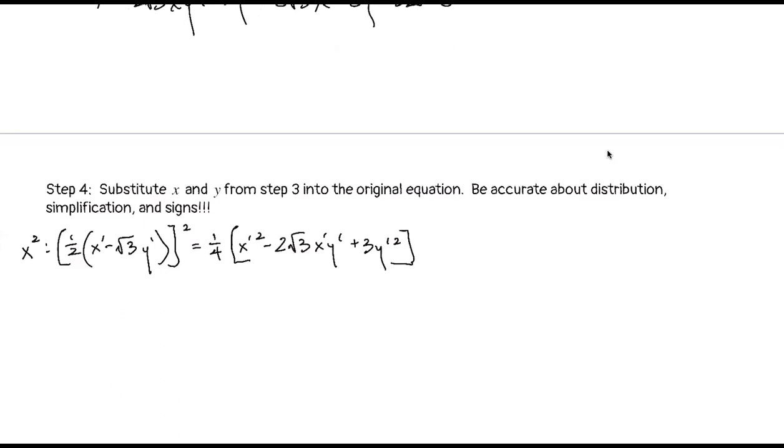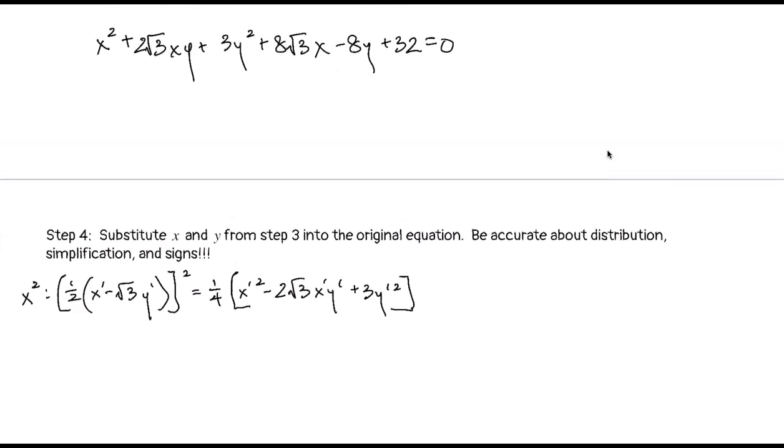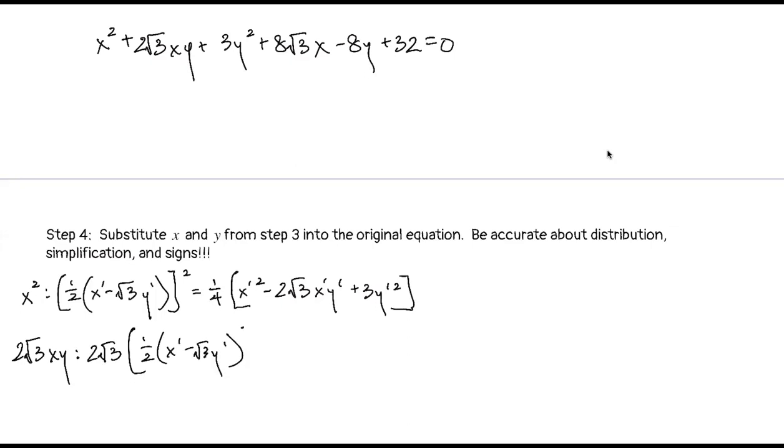Now let's do the second term, which is our 2 root 3 xy. That gives 2 root 3 times 1/2 x prime minus root 3 y prime, times 1/2 root 3 x prime plus y prime.